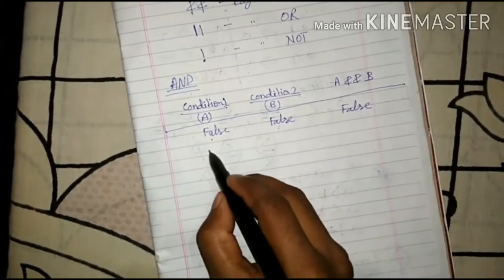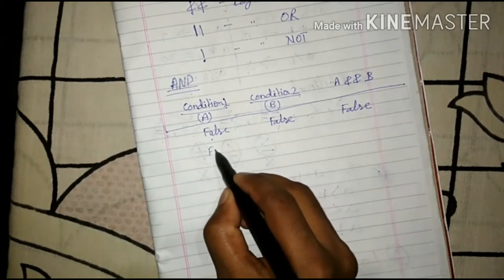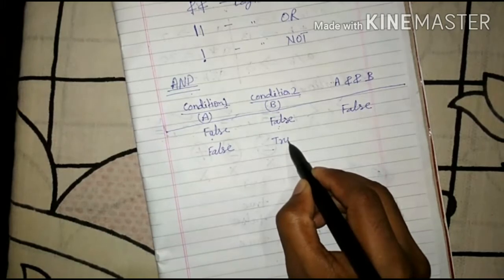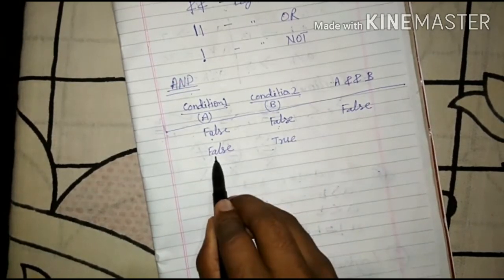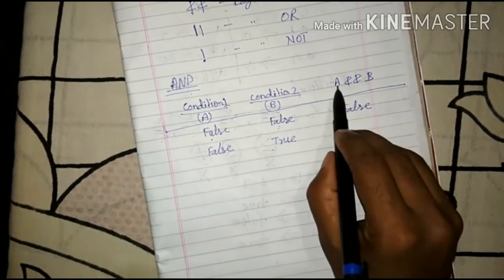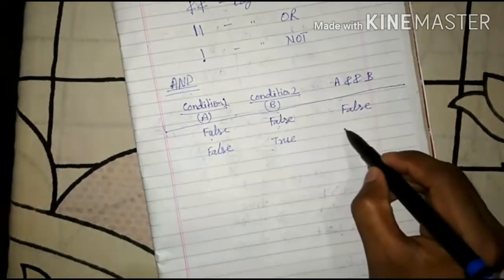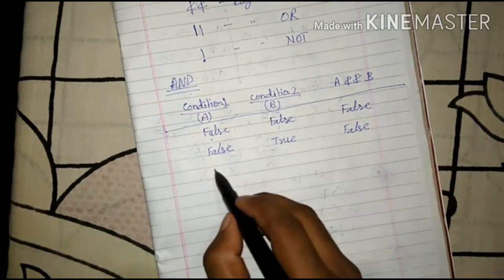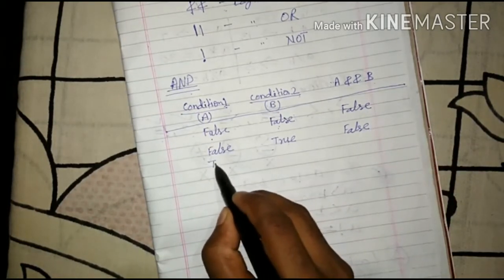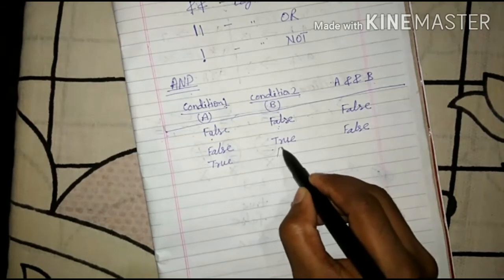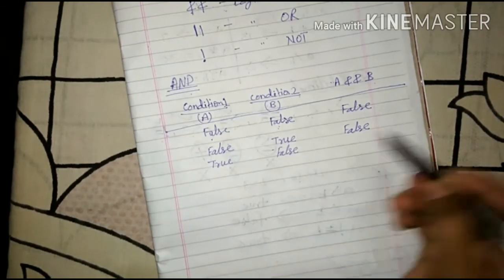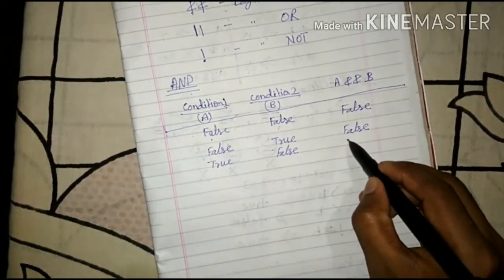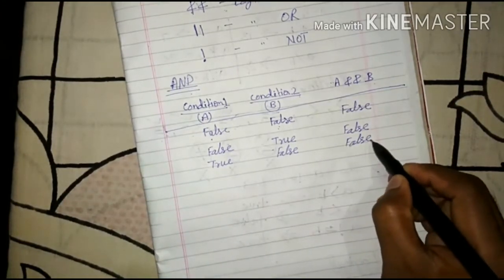Same thing: if the first condition is false and the second condition is true, that is false and true, that will be false. If I write true and false, this will again produce false.